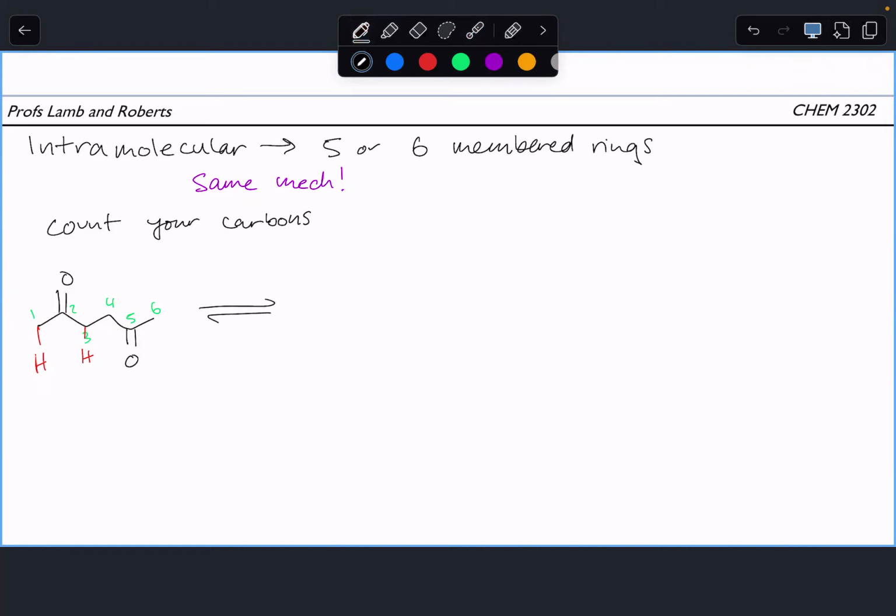So we're definitely going to be deprotonating the outside one. So in the presence of base, we will form the enolate on the external alpha proton, because that is what's going to lead us to a 5 or 6 membered ring.